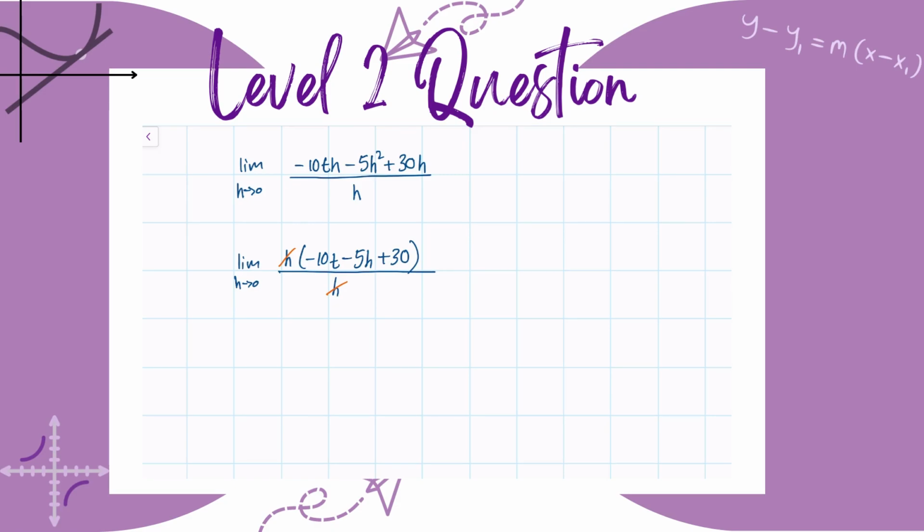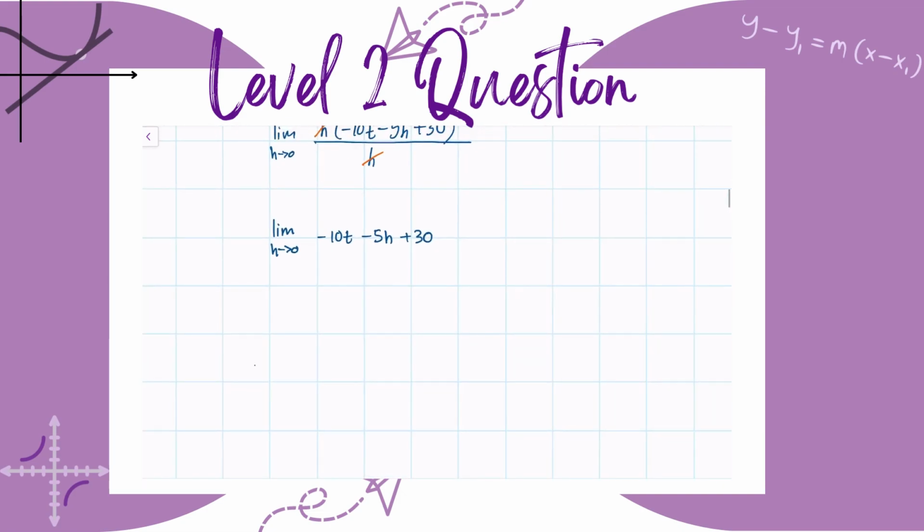So you always need to make sure that the denominator h cancels out. So now we have limit h approaching 0, negative 10t minus 5h plus 30.